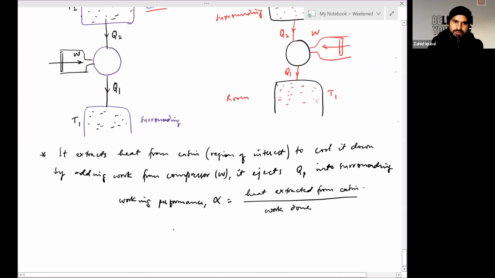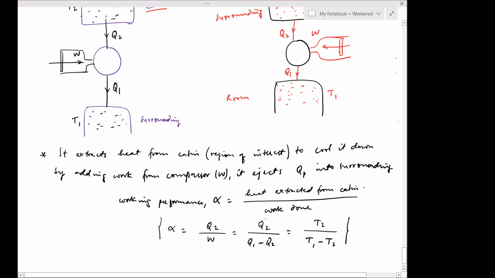So alpha equals heat extracted Q2 divided by work done W, which equals Q2 divided by Q1 minus Q2, which also equals T2 divided by T1 minus T2. Mehreen, is it clear? Yes, sir. Okay, just write it down.